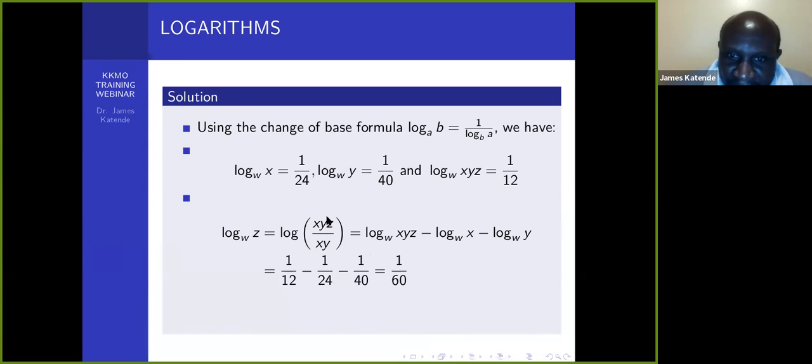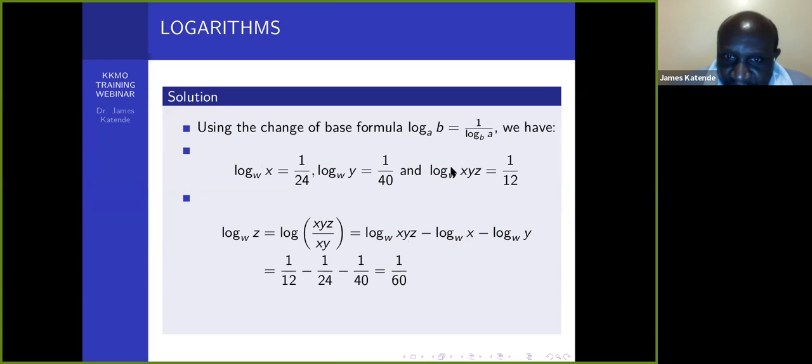And then if you apply the quotient rule and the product rule, the product rule is applied to the bottom one, and the quotient rule is applied to the whole thing, so that you'll end up with this expression: log of xyz base w minus log of x base w minus log of y to the base w. But all these values are known.